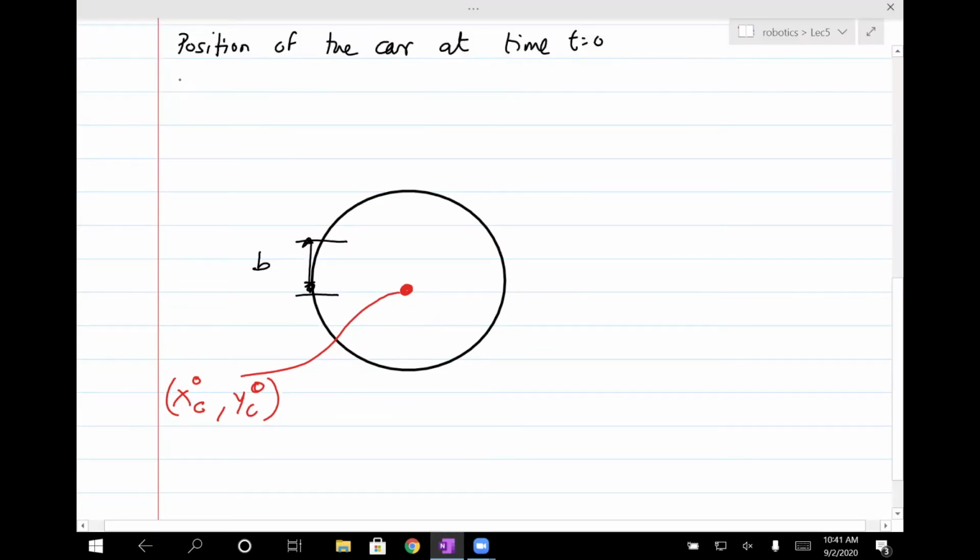Okay. So when the car moves straight and then it turns, you will have the axes at a different orientation. So now this axis is x1, y1. And the wheels are this way.